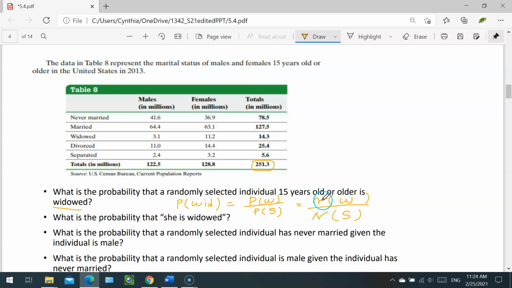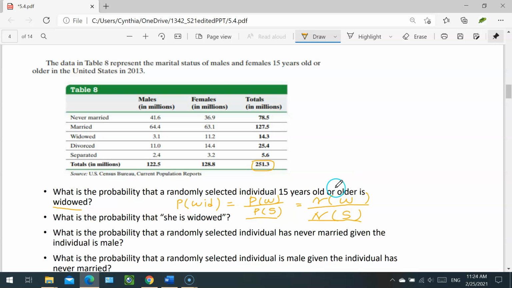So this one you are using the frequency number to get the probability, and this one you are using the probabilities to find the outcome. These two, you will get the same number, but it depends on the information, the data we have.